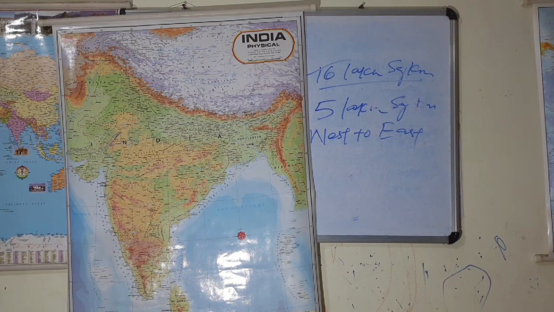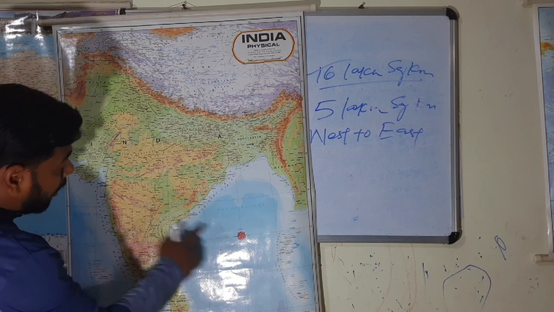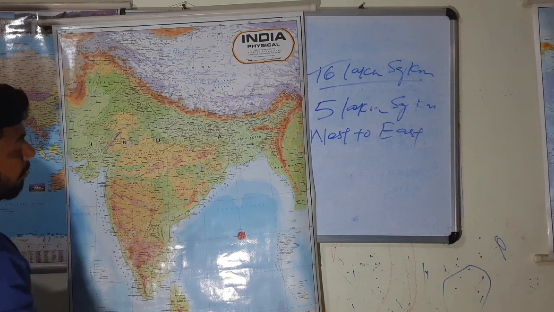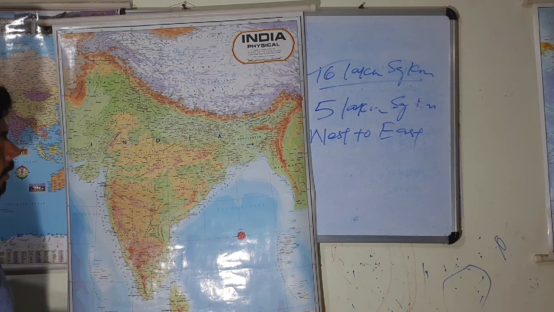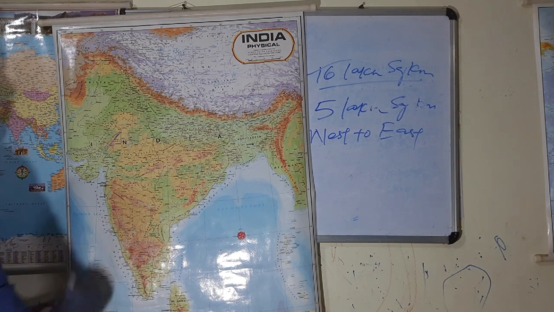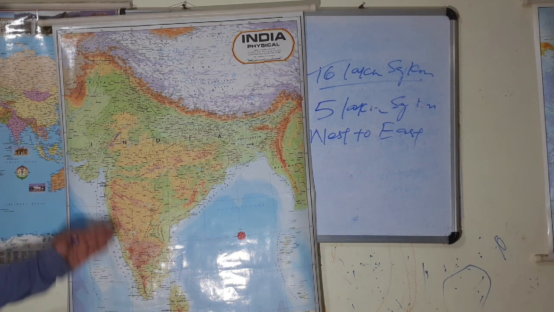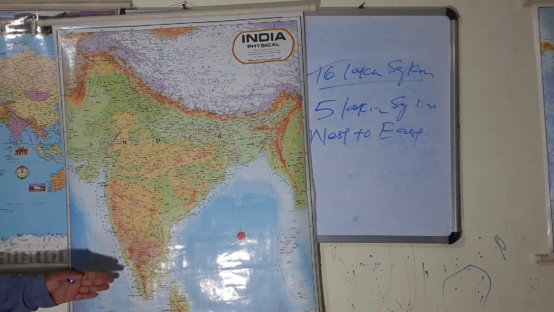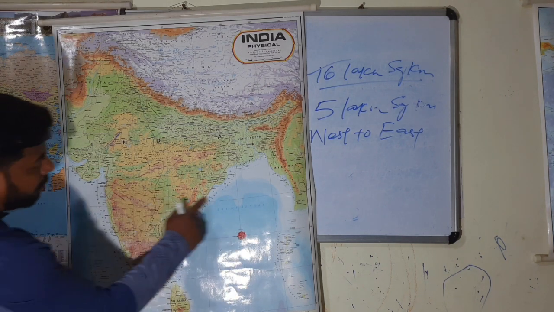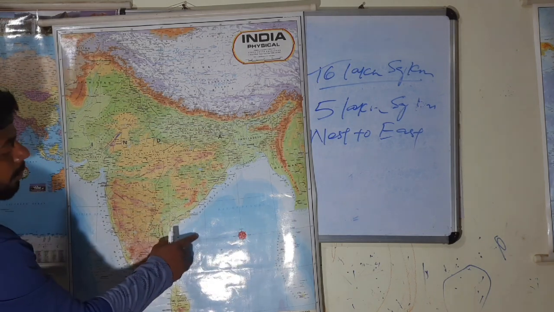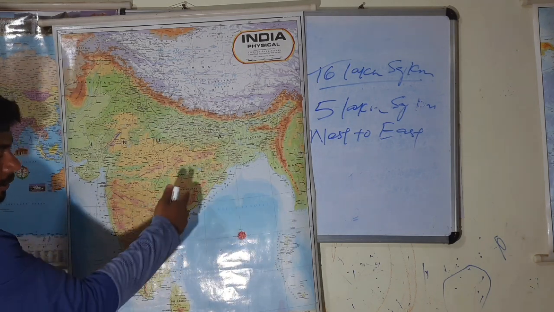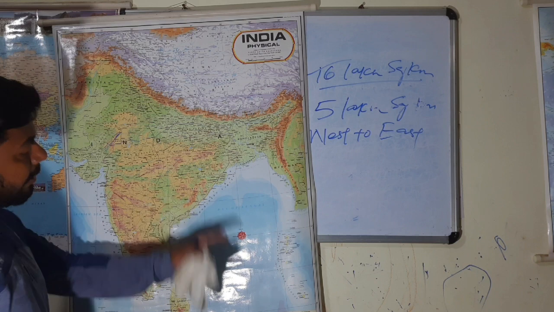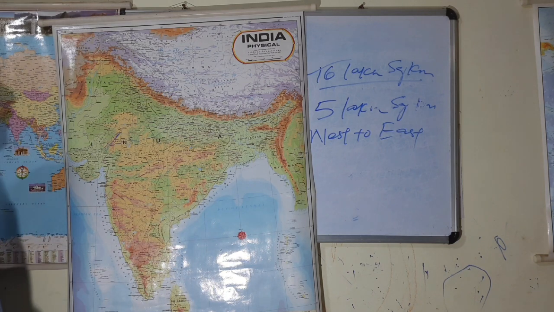Another one is Kaveri. These rivers originate in the western part of the Deccan plateaus, but they move towards the east because of the slope, and drain their water into the Bay of Bengal.